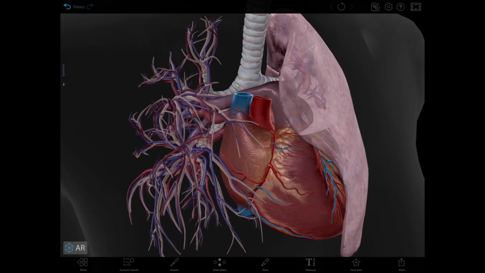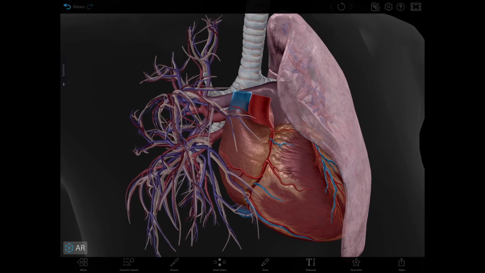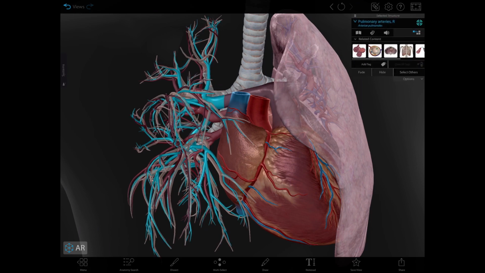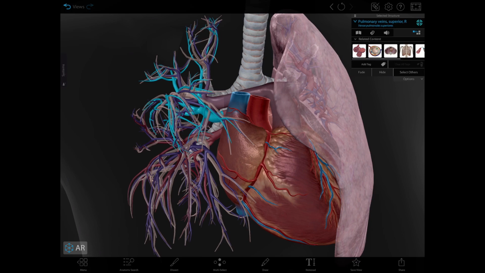What we're looking at here on the screen are the pulmonary vessels. Particularly, this would be pulmonary arteries, and these are pulmonary veins. These pulmonary vessels convey, for example, deoxygenated blood into the lungs.